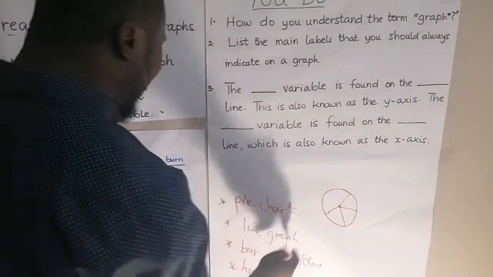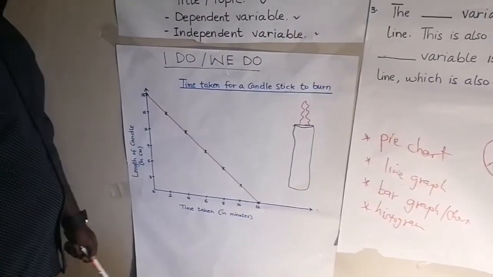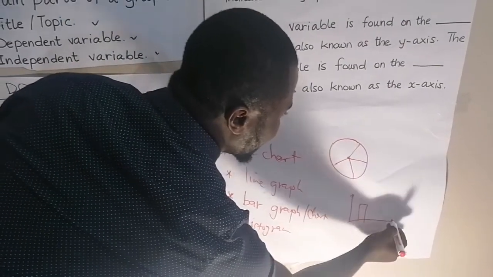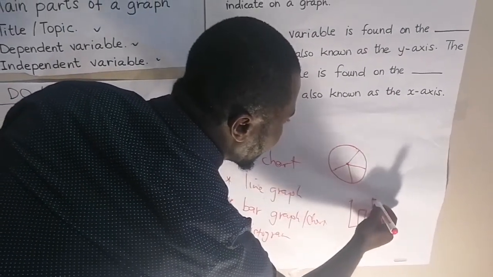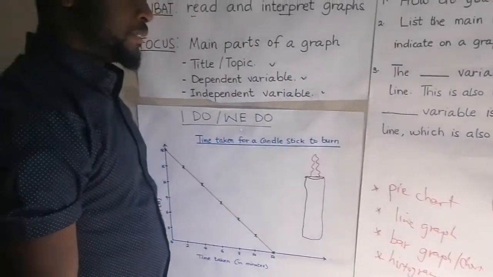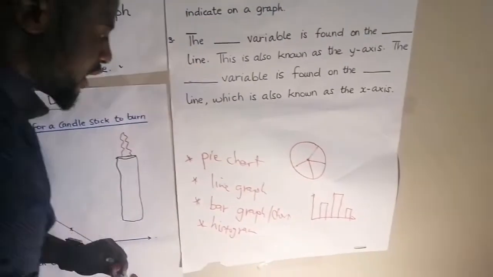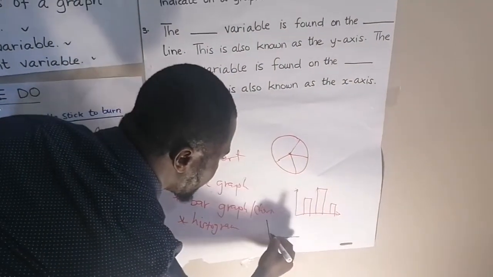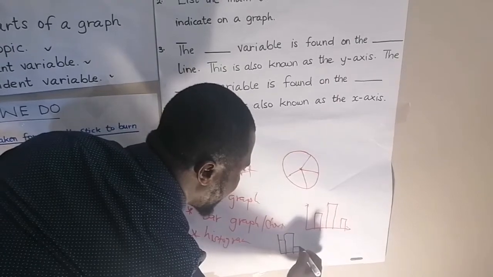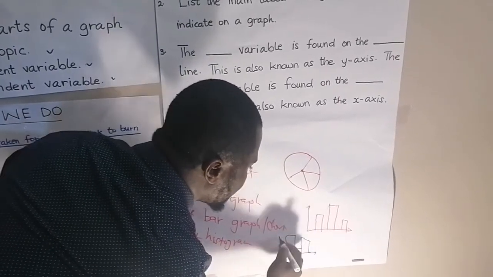Then you did the line graph, an example is shown here. You also looked at the bar graph, looking like that, where we have our data in bars. Then you also looked at the histogram, which looks similar to the bar graph, but for the histogram, the bars are joined.